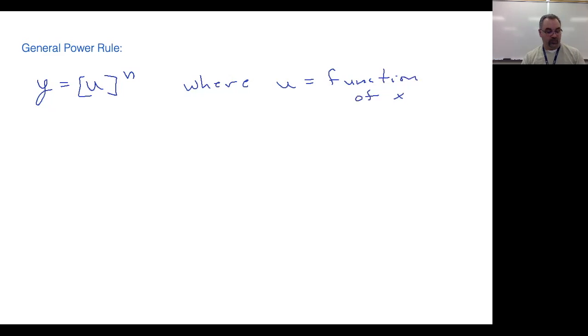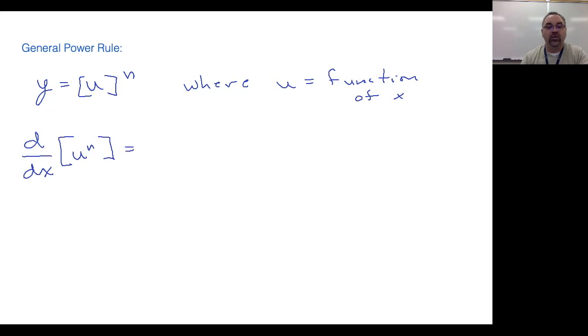So what we call the general power rule, the derivative with respect to x of u to the nth power.